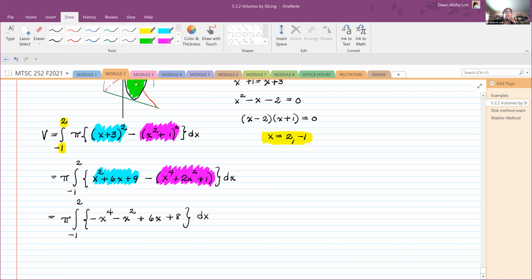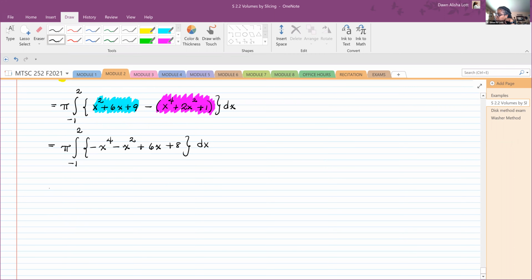So now the last part is very simple: antiderivatives. I'm going to get negative 1/5 x to the 5th minus 1/3 x cubed plus 3x squared plus 8x, all evaluated between 0 and 1.